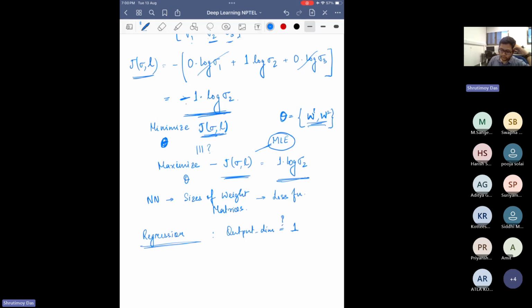So if you are doing regression, what will be the activation in the final layer? Yes, linear. We don't need to add any nonlinear activation or sigma. We can just have wx plus b in the final layer. And what is some loss function we can use there?